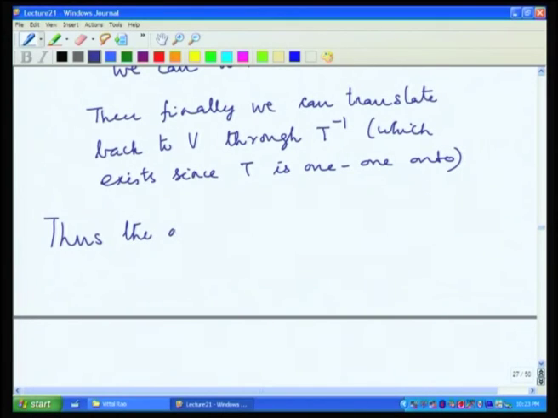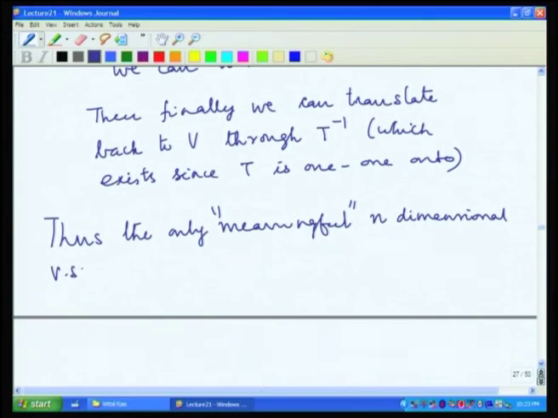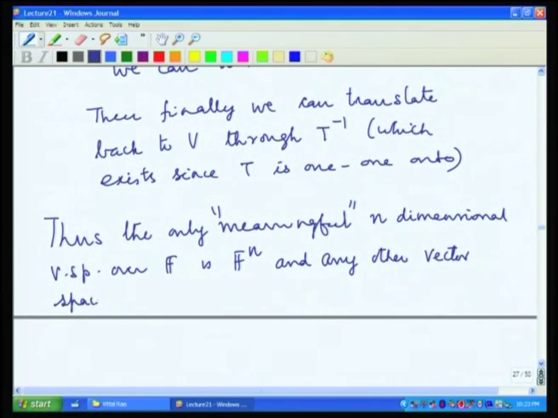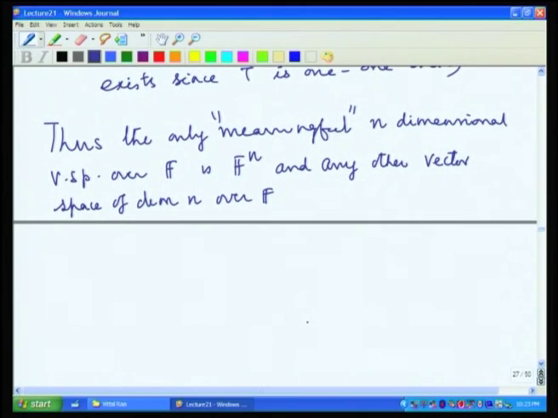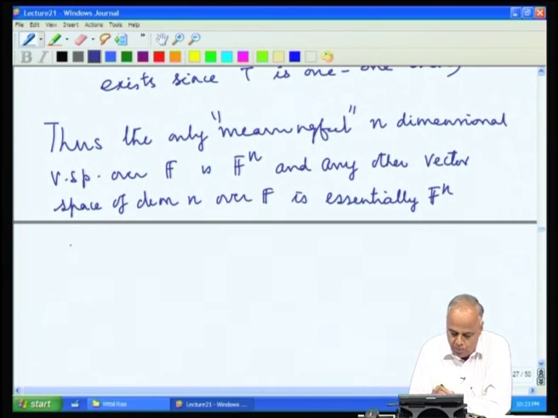So, we conclude by saying that the only meaningful n dimensional vector space over F, and by meaningful we mean the easiest one to analyze, is F^n, and any other vector space of dimension n over F is essentially F^n spoken in another language.